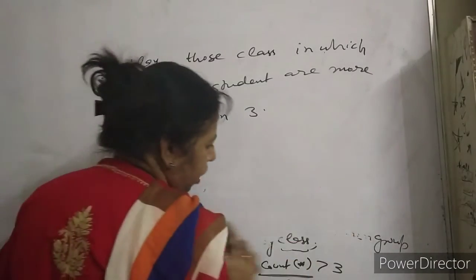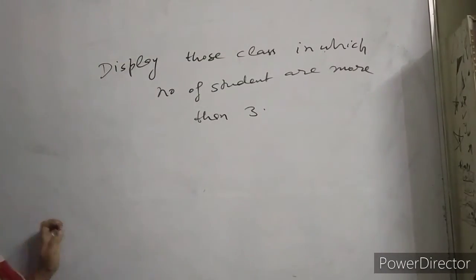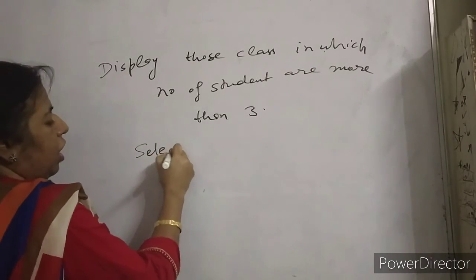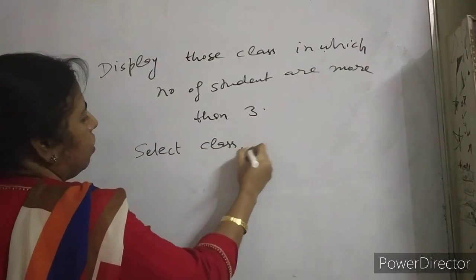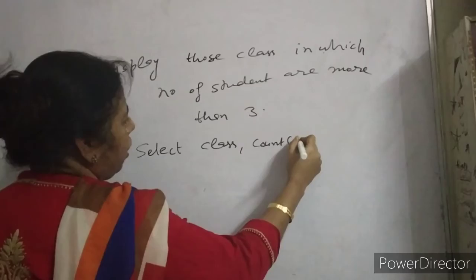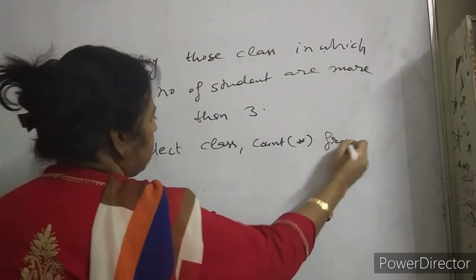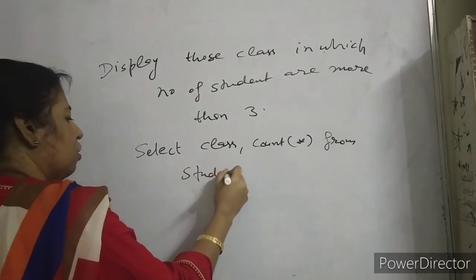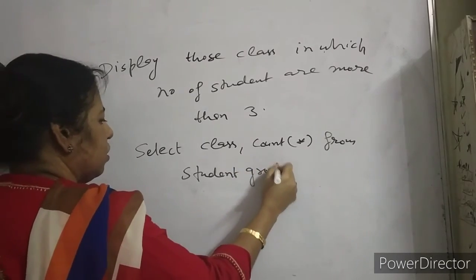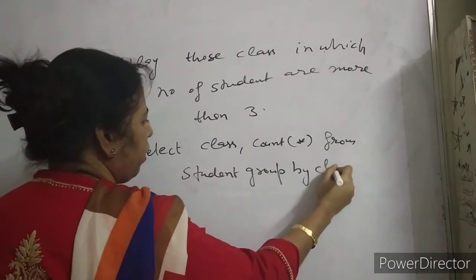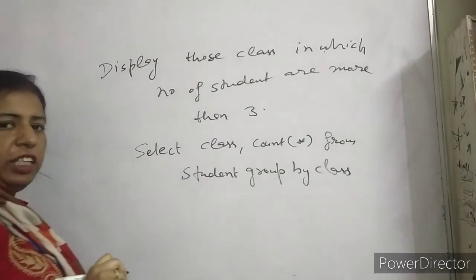What do I want to find out? I want to find out those classes where the number of students is more than 3. It means I have to find out the number of students in each class. First you have to find out the count for each class. Select class, comma, count star from student, group by class. In this way you can find out the number of students in each class.